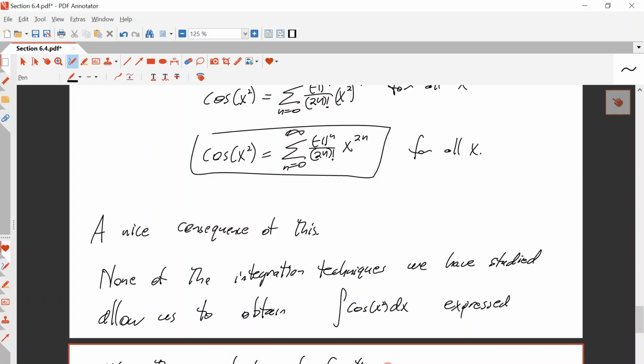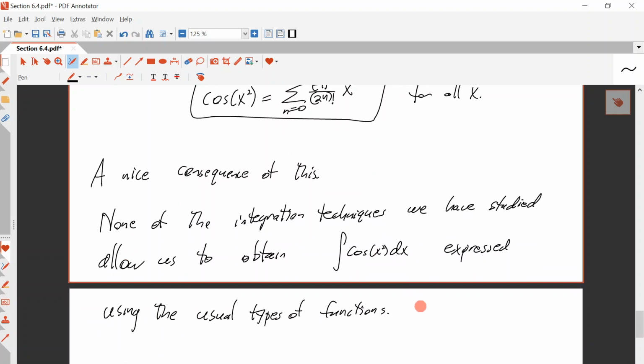There's nothing in that whole section that allows you to solve this antiderivative problem. But we can very easily get an answer with power series.